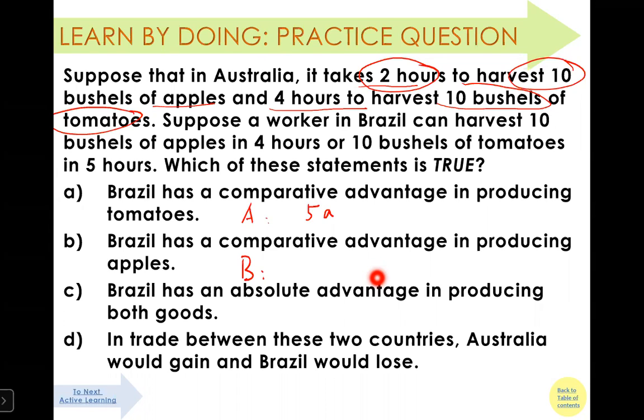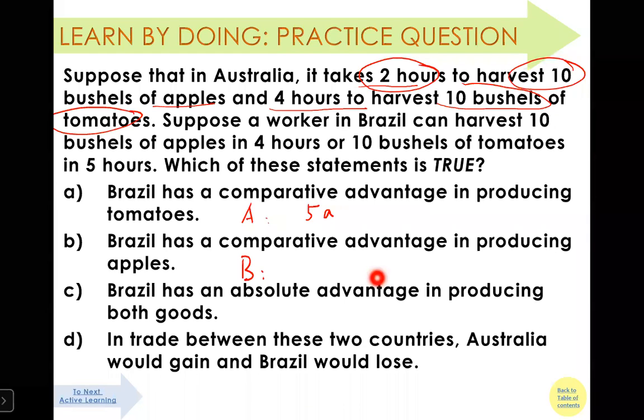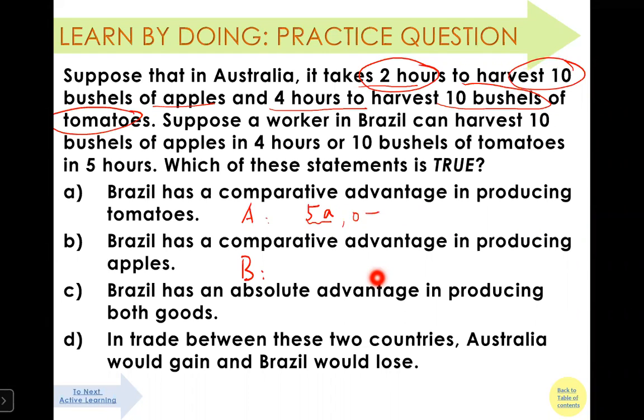So Australia in 2 hours can harvest 10 bushels of apples, meaning for each hour, they can have 5 apples, or 0 tomato. Alternatively, if they spend all the time on tomato, then 0 apple. How many tomato?